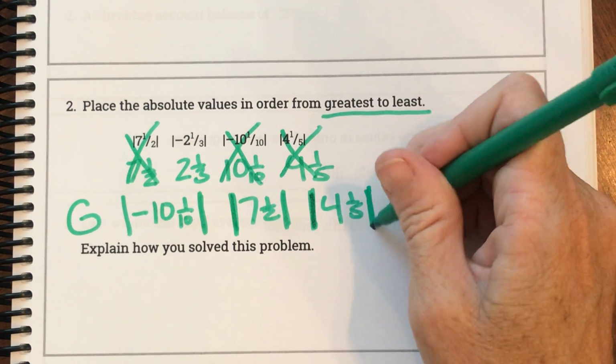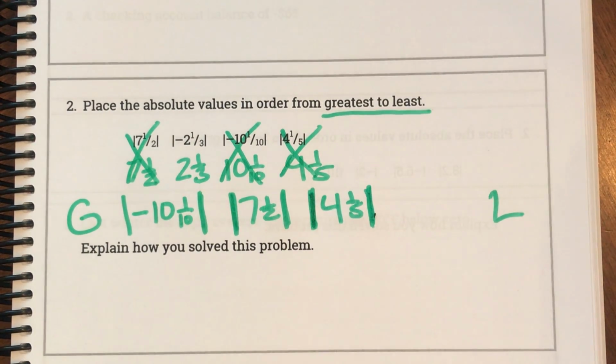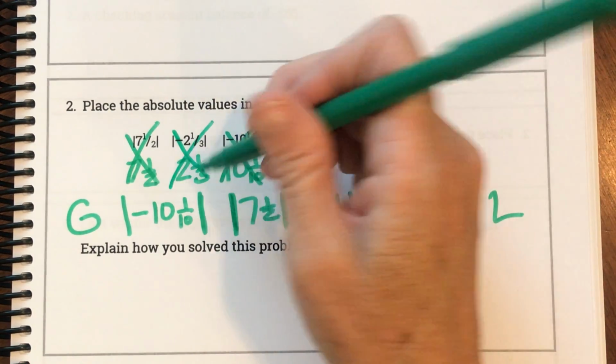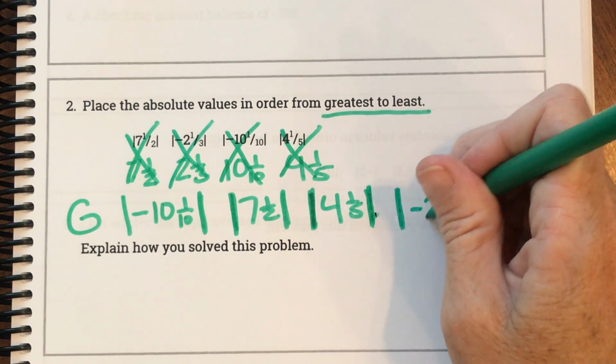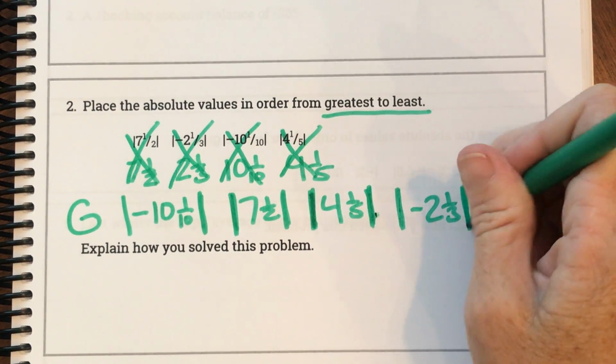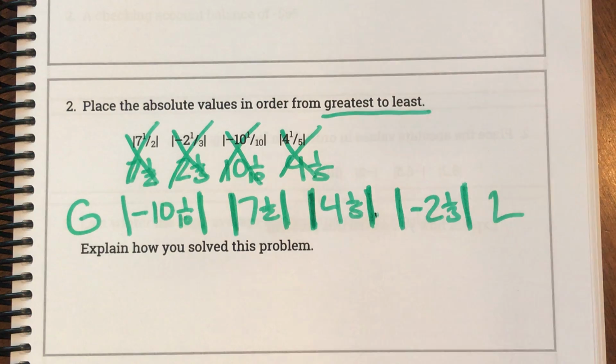Make sure it doesn't look like a 14. And then my least one would be a negative 2 1/3 absolute value. So again, how we solved that is we looked at them all as positive rational numbers, just because it was how many spaces away it is, and then I wrote them out.